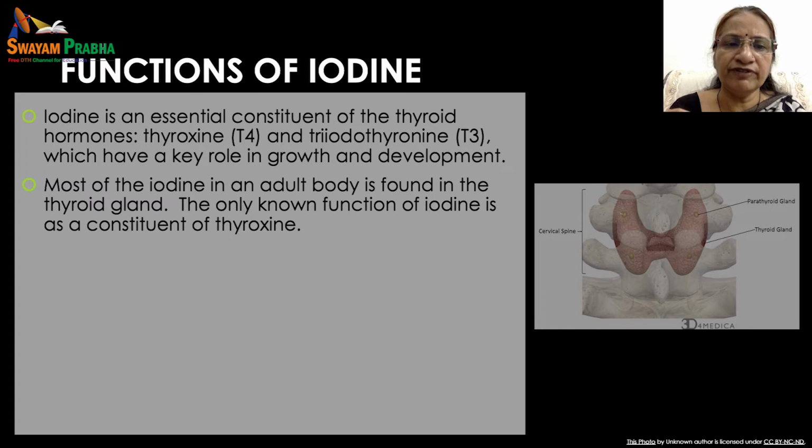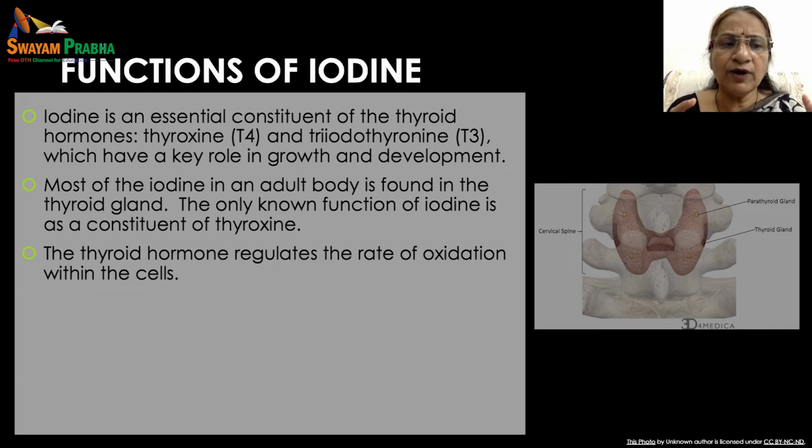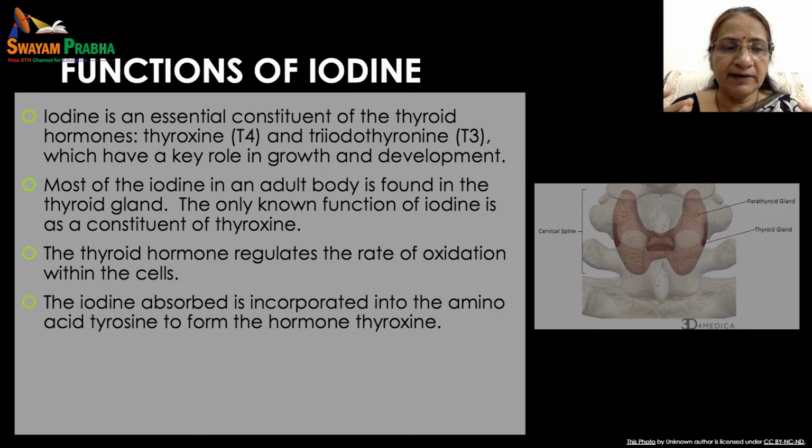The only known function of iodine is as a constituent of thyroxine. The thyroid hormone regulates the rate of oxidation within the cells. The iodine absorbed is incorporated into the amino acid tyrosine to form the hormone thyroxine.